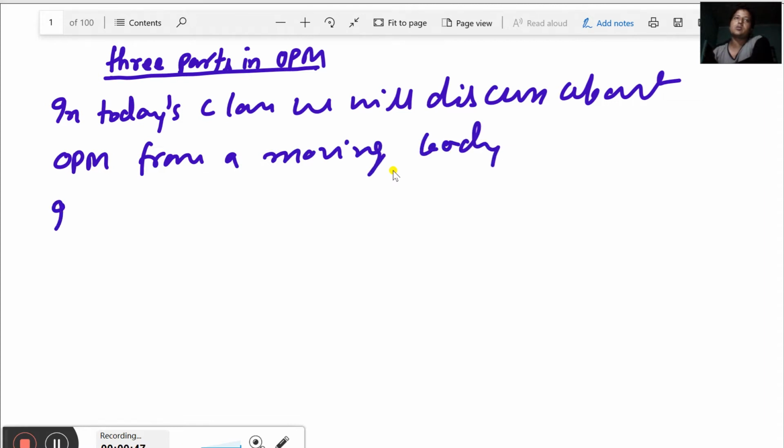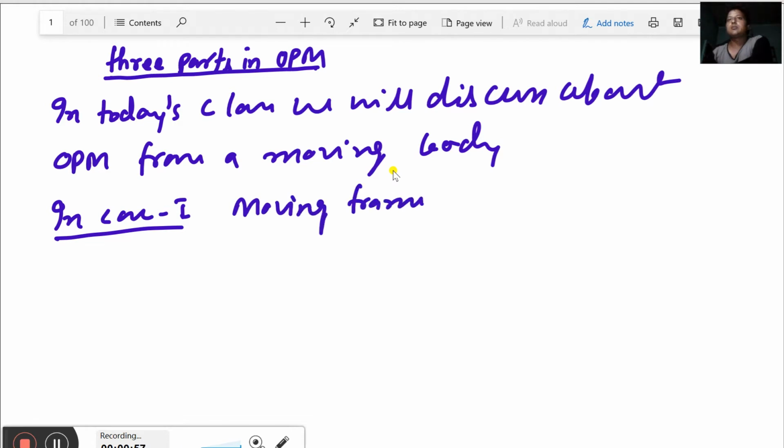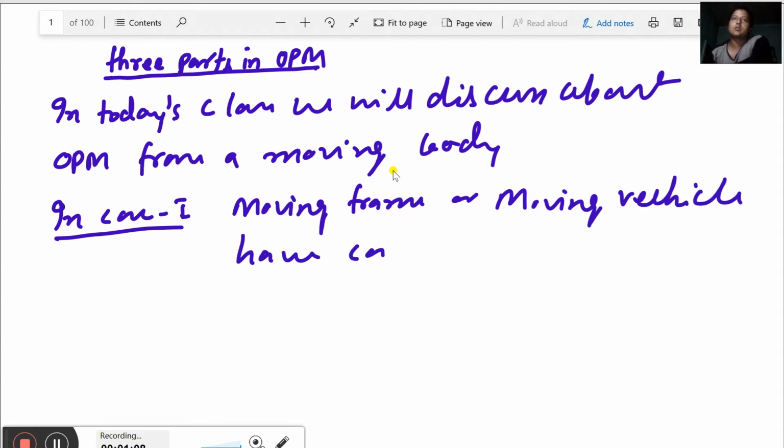Suppose in case first, the moving body or moving frame or moving vehicle has constant speed.